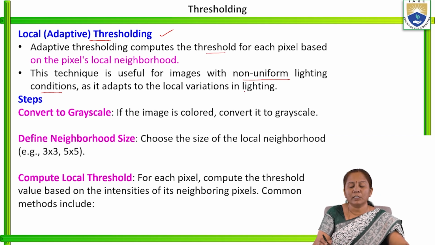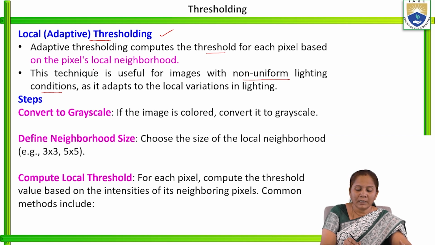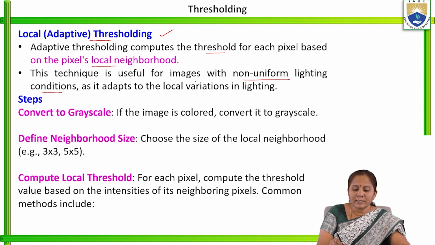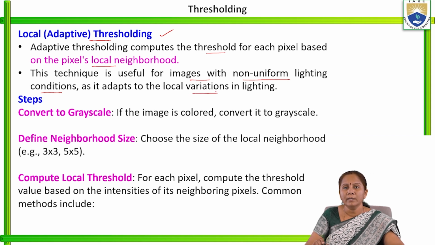This adaptive thresholding computes the threshold for each pixel, based on the pixel's local neighborhood. So comparing the actual pixel with the neighborhood pixels, the threshold value will be selected. So this technique can be applied on images which have non-uniform lighting conditions, as it adapts to local variation in lighting.